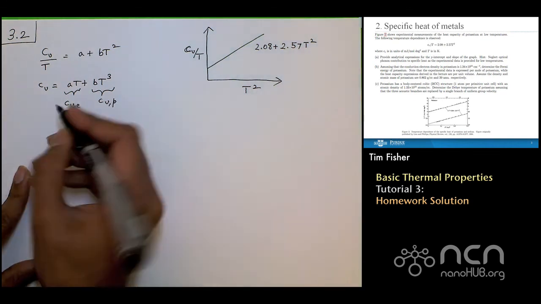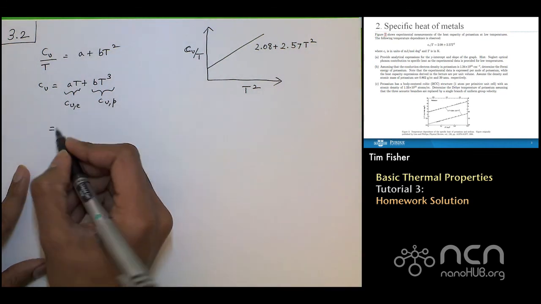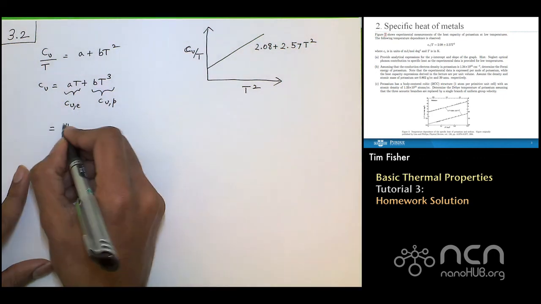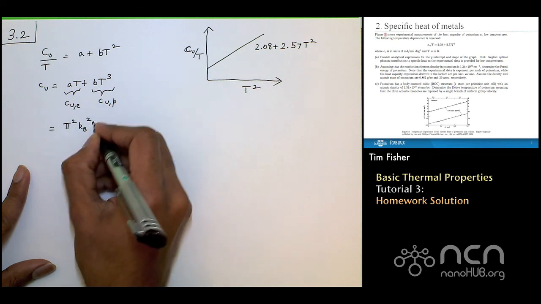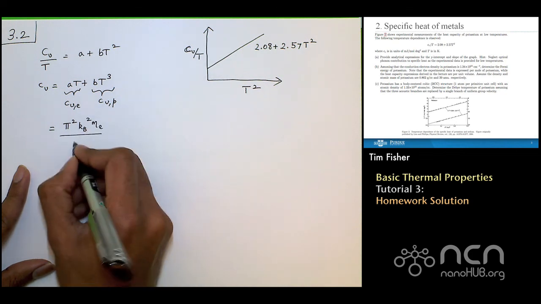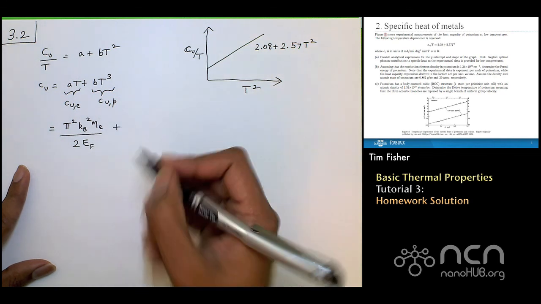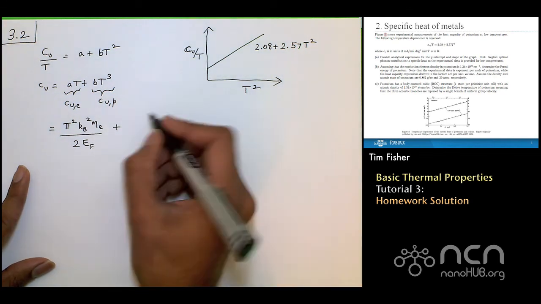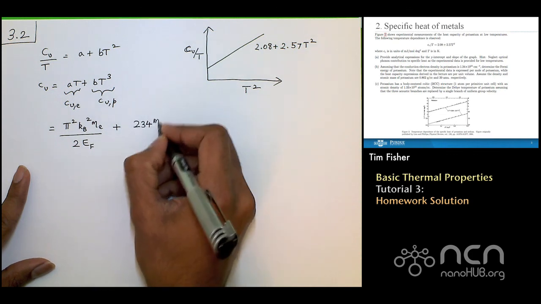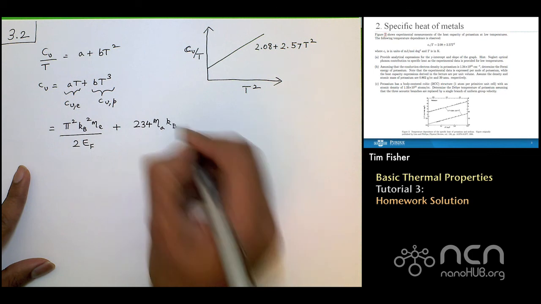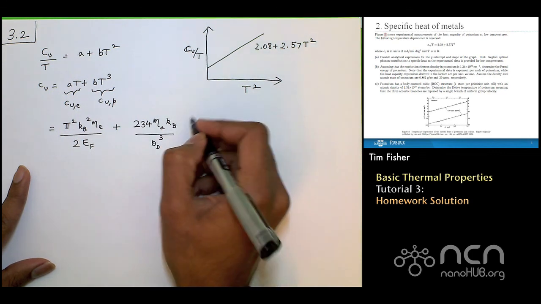And we already derived the expressions for these specific heats. The electron specific heat was derived in the lecture to be pi squared kB squared eta E by twice the Fermi energy, and the phonon specific heat under the Debye model was derived to be 234 eta A times kB by the cube of the Debye temperature.